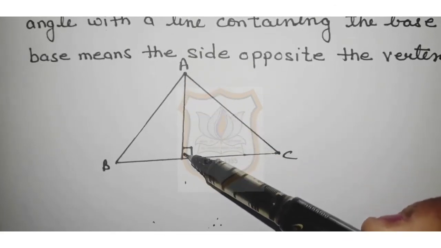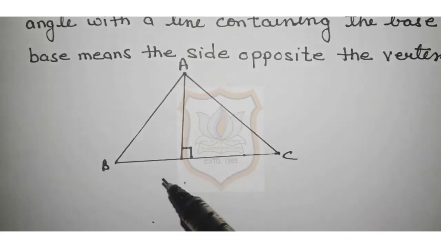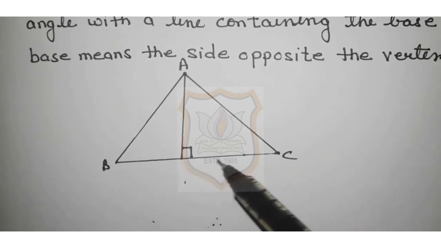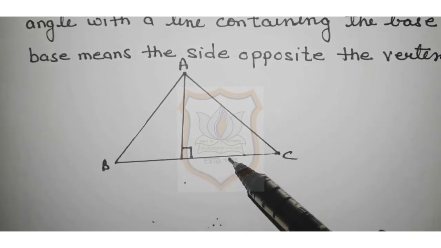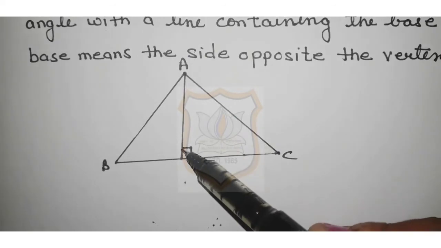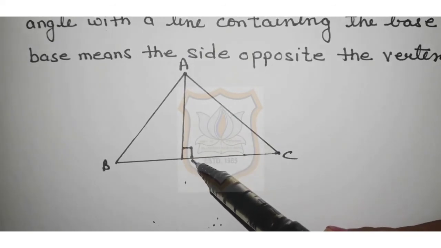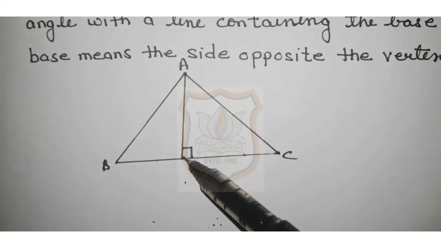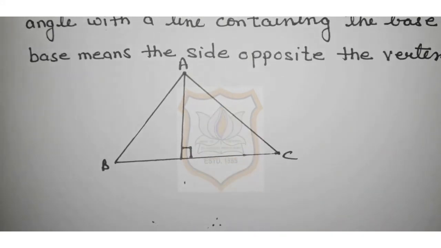This is an altitude. This is not a median. This is not dividing the opposite side into two equal parts. It is just forming a 90-degree angle to its opposite side. That line is called an altitude.